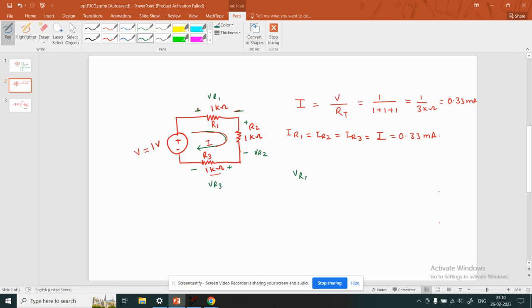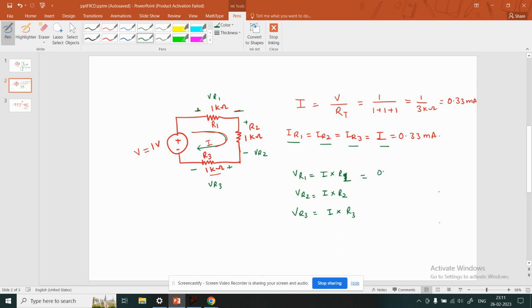So we can write here VR1 would be the current multiplied by the value of that resistor, which is R1, and VR2 will be the current multiplied by the value of that resistor. Remember, the current I is the current through each of these resistors, that is IR1, IR2 and IR3 are the same as the total current into the network, which is I. And finally VR3 would be given as I multiplied by R3.